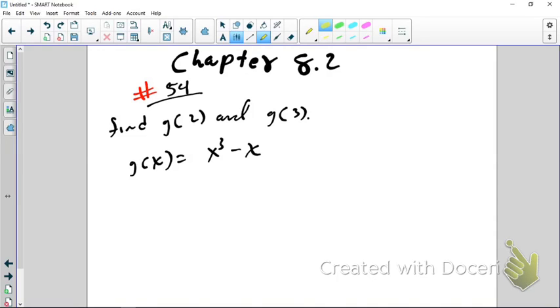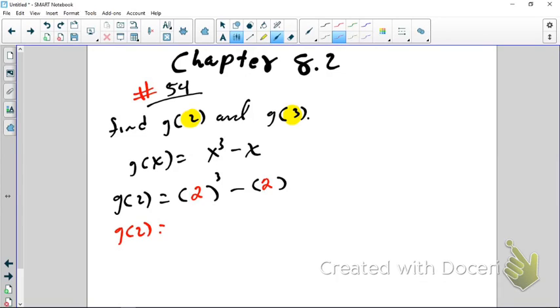Number 54, it says g of 2 and g of 3. What we want to do is we want to be able to evaluate. We want to be able to take 2, and wherever I see x, I am going to substitute what I know about x. So in our example here it is going to be 2. I get to substitute 2 in there. So I have g of 2 is equal to 2 to the third power minus 2.